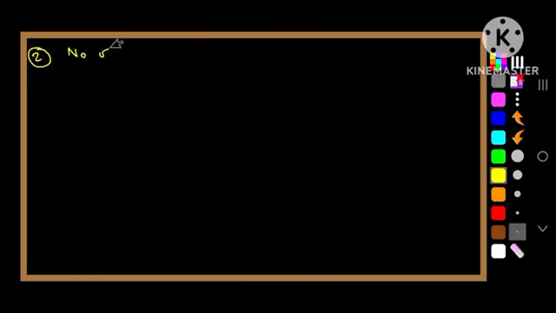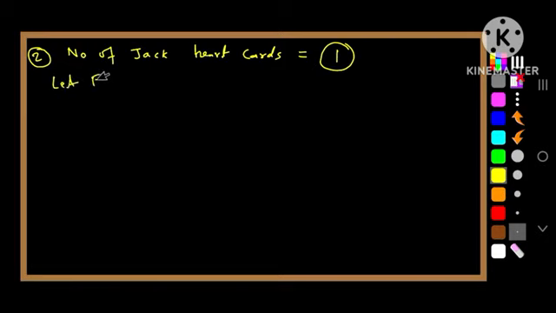Now let us see the second condition. Number of jack of hearts cards. In a total of 52 cards, you will have only one card. So let E2 be the event of getting a jack of hearts card.